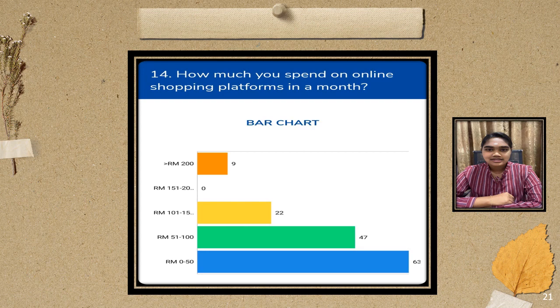From this bar chart we can clearly see that RM0 to RM50 has the biggest contribution, which 63 students selected this option. But on the other hand, for RM151 to RM200, no students selected this option.